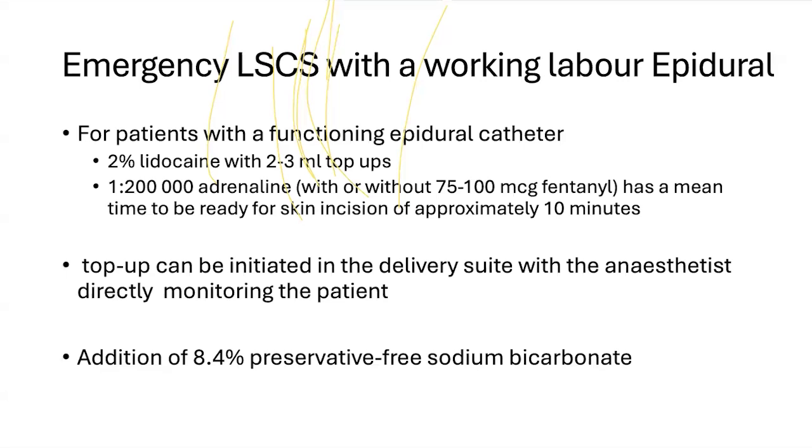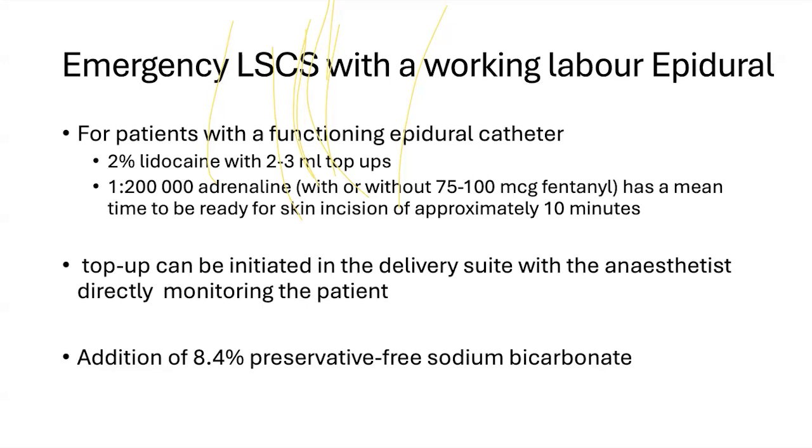When we have an emergency section with a working labor epidural, how are we going to change it to an anesthetic epidural? Well, first you have to find out whether the epidural is in situ in the right place, and then in our setup we actually give bupivacaine top-ups and get the patient's level up.